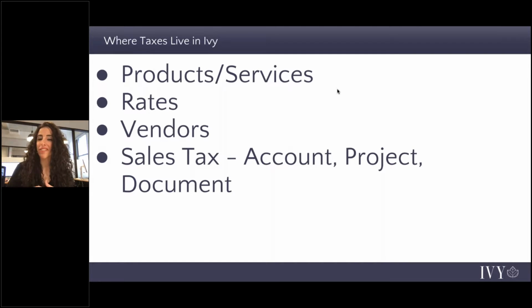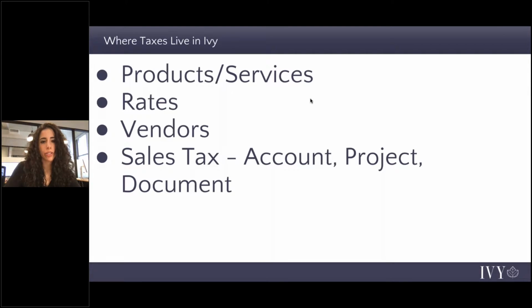Your vendors, on the vendor level, you are able to determine tax or not. And of course, the overarching actual sales tax rate itself lives on the account, the project, and the document level. So that's where we're going to start right now, and then we're going to dive into the nitty-gritty tax reporting and vendor tax, once we have this basic understanding of where taxes live.